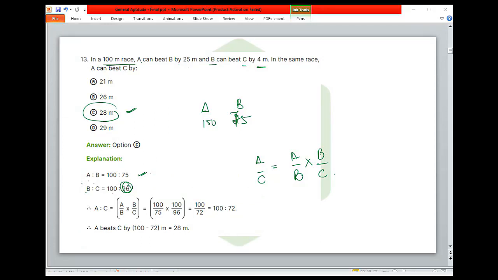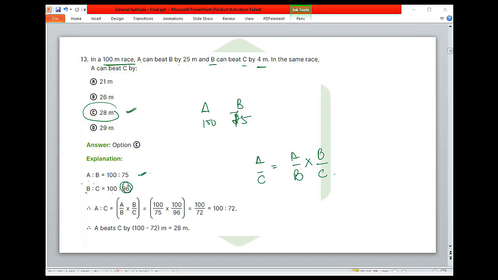Okay, done everyone. Understood the question? Yes. Clear. Why B as 75?